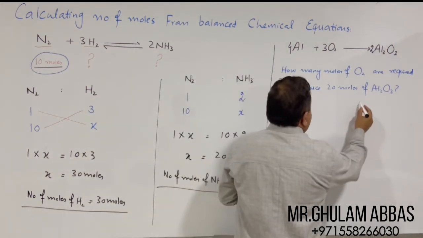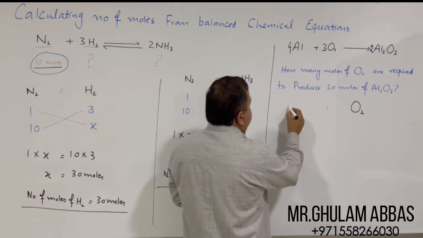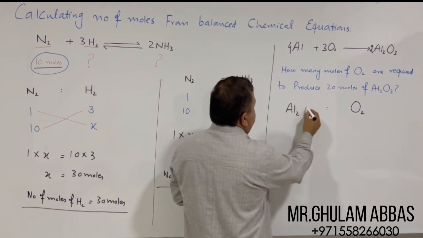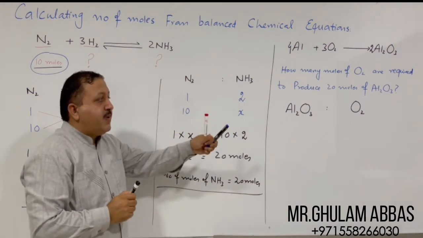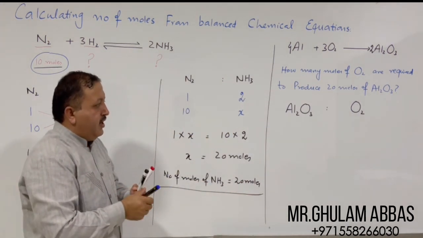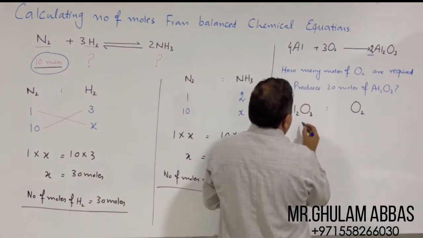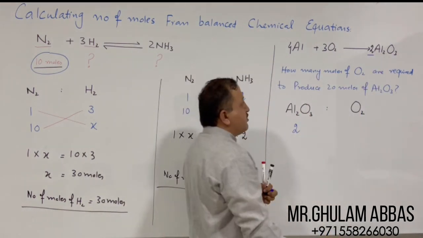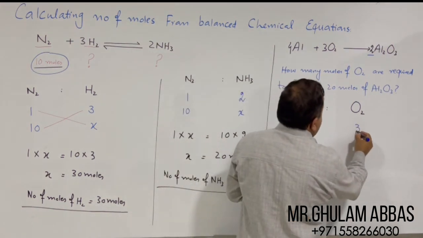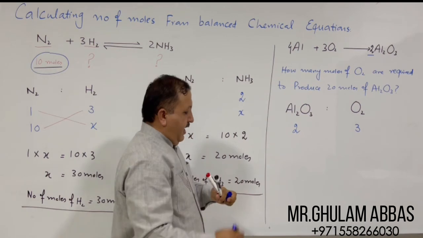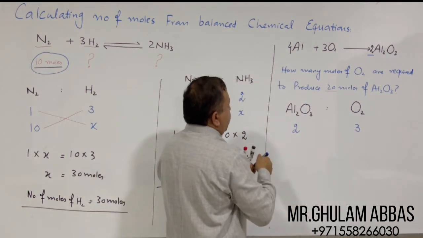I will write O2 on right hand side. To produce 20 moles of Al2O3, I will write Al2O3 on left hand side. This is the basic principle of comparison method. Now I will solve. According to balanced chemical equation, if 2 moles of aluminium oxide are produced, then 3 moles of oxygen will be used. And we have 20 moles in the numerical.